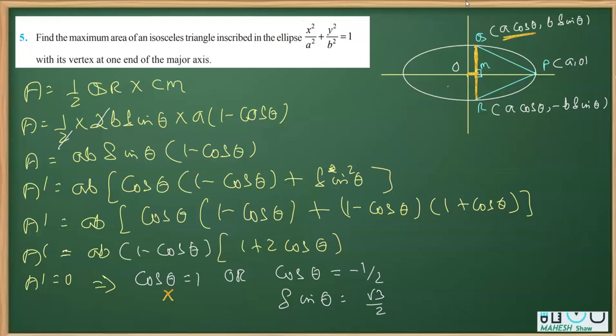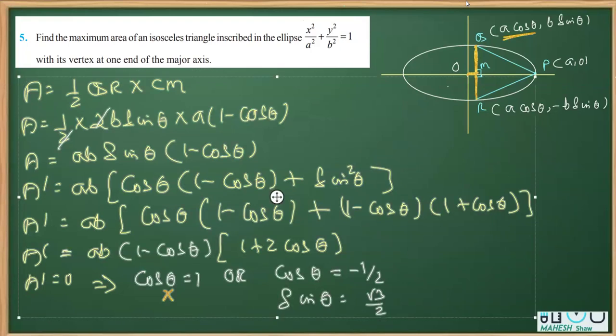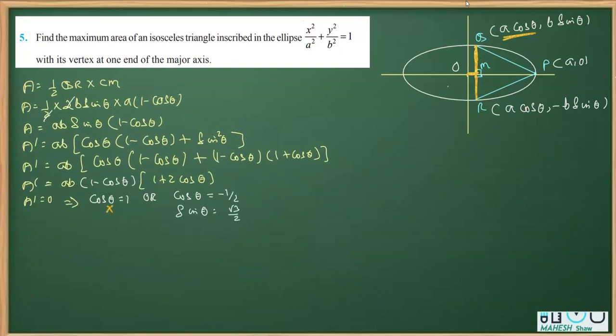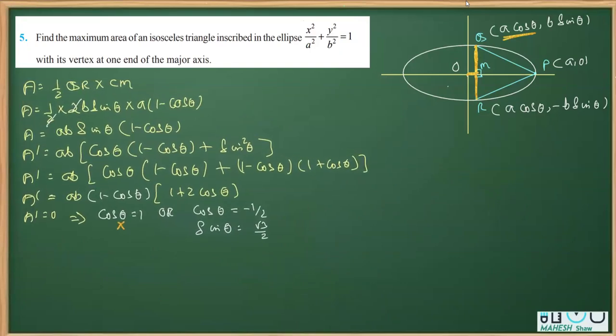Now we'll do the second order derivative test. So I need to make some space here. Yes, we had enough space to do the second order derivative. Now for the second order derivative, I'm going to differentiate from here.